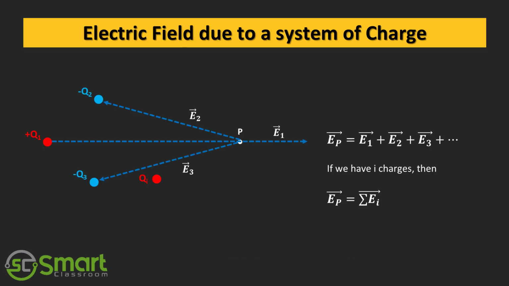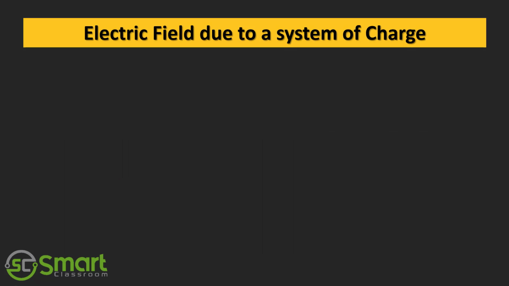Next topic, electric field due to a system of charges. Let us say here we have Q1, here we have Q2, here we have Q3, and here we have Qi. Now we want to know the electric field at the point P that the test charge experiences.